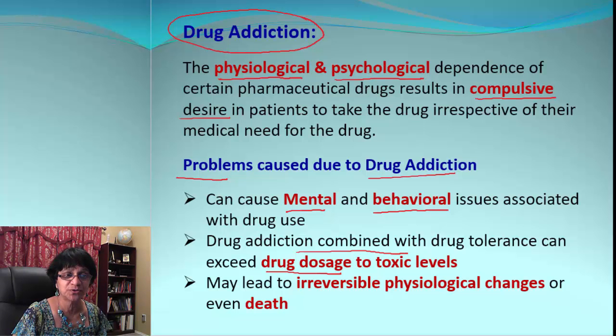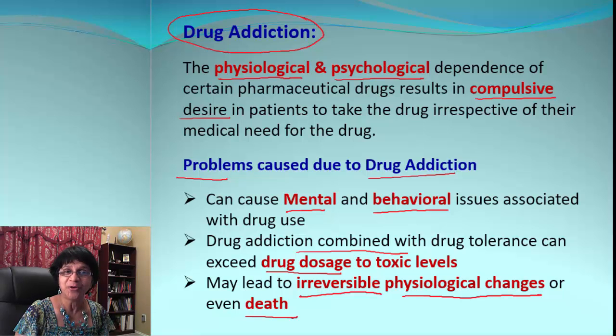It may also lead to irreversible physiological changes, including brain damage sometimes, or even death. Now keep in mind, we only discussed the drug addiction problems related to health issues, but they can have a bigger impact on someone's personal and social life.